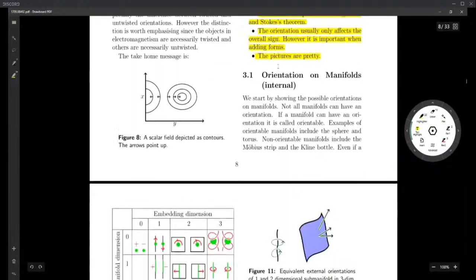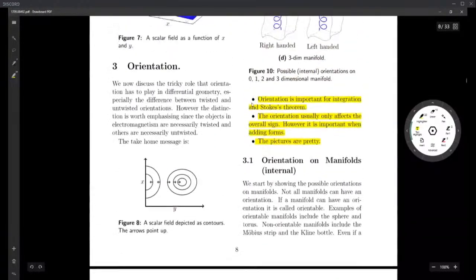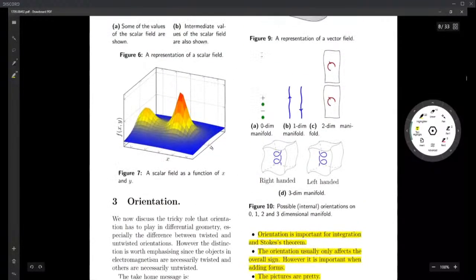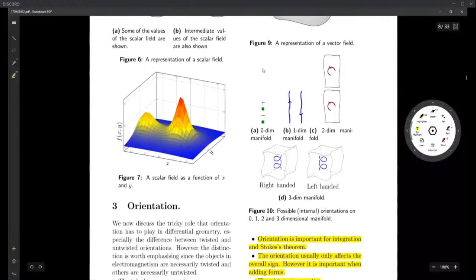All right. So right here, I showed you the images. For a zero-dimensional manifold, you have pluses or minuses, albeit conventionally you represent it as a plus. For a one-dimensional manifold, which is a curve or a line, you have arrows that point up or down.